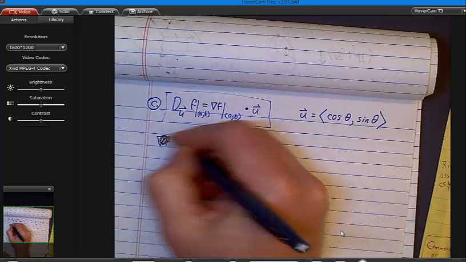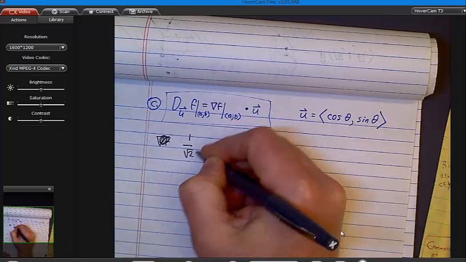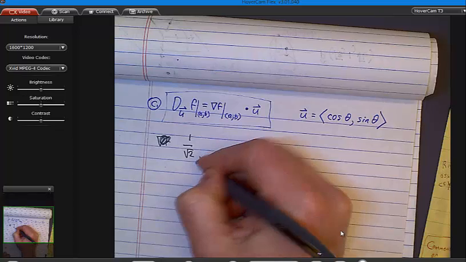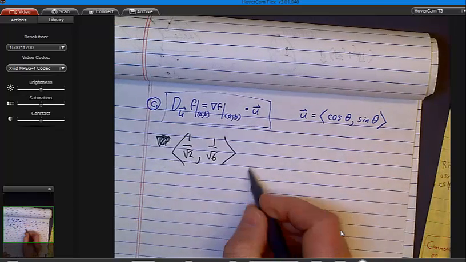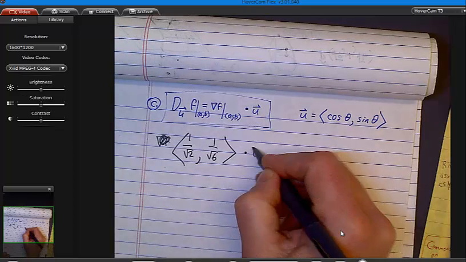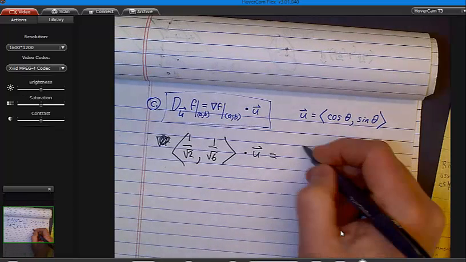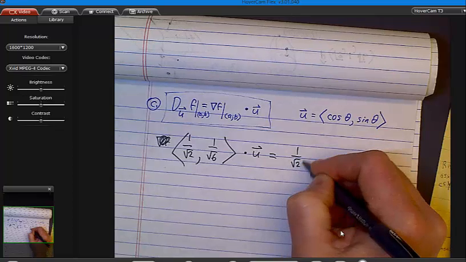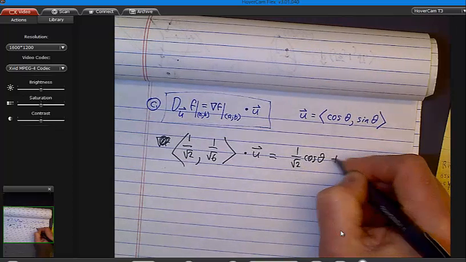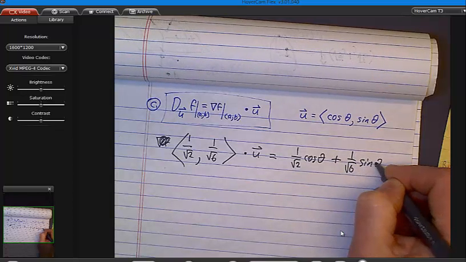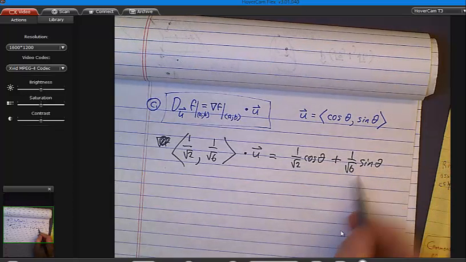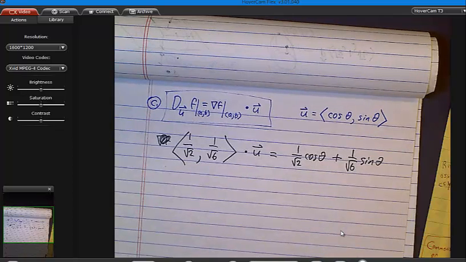So I'm going to take 1 over square root of 2, comma, 1 over square root of 6, and dot it with u, and so I get 1 over square root of 2 cosine theta plus 1 over square root of 6 sine theta. And this will give me the value of the directional derivative.